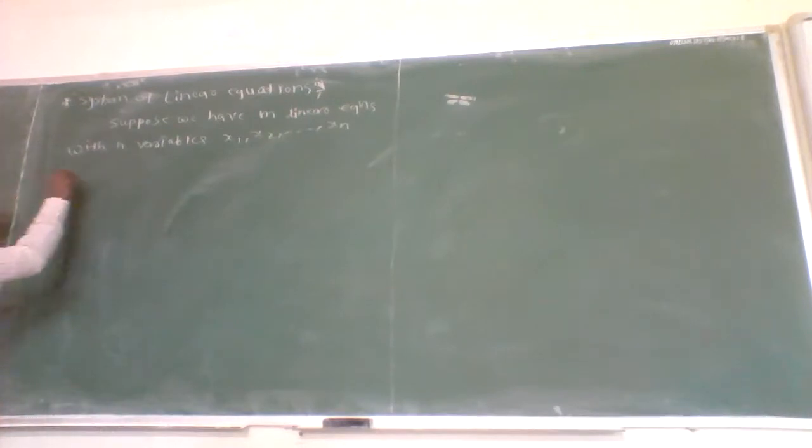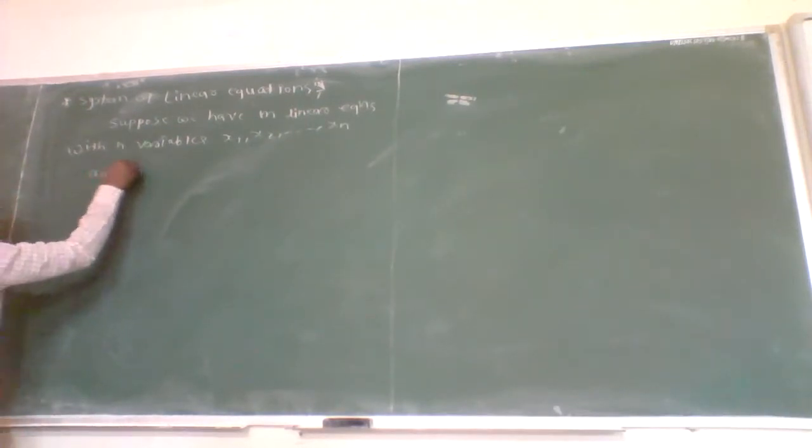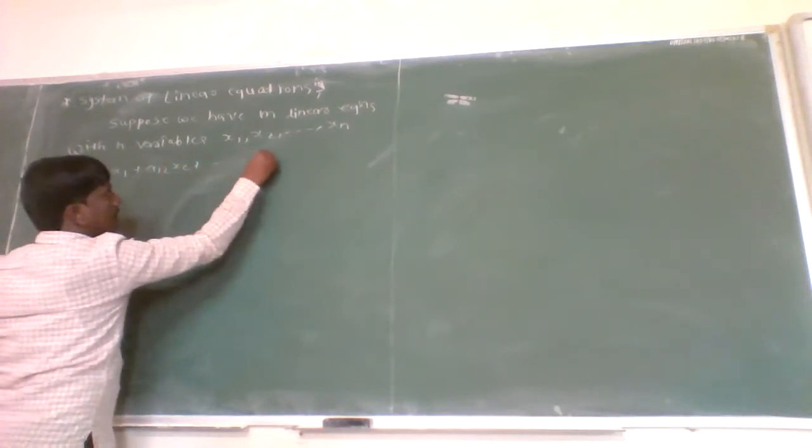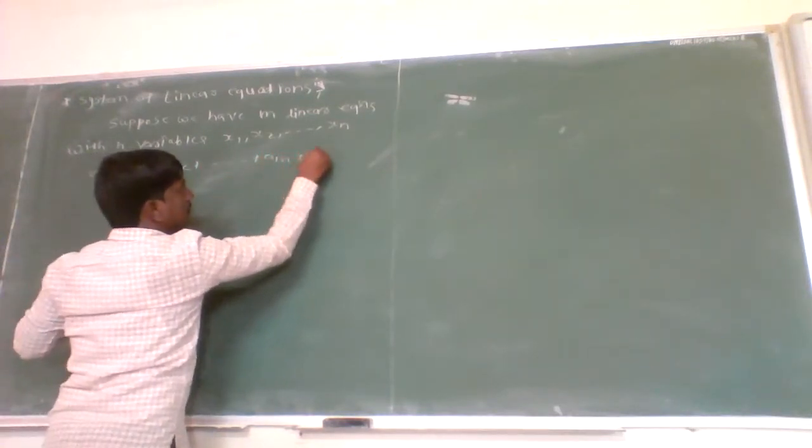These m linear equations are a11 x1 plus a12 x2 plus up to so on a1n xn, which is equal to b1. This is the first one.